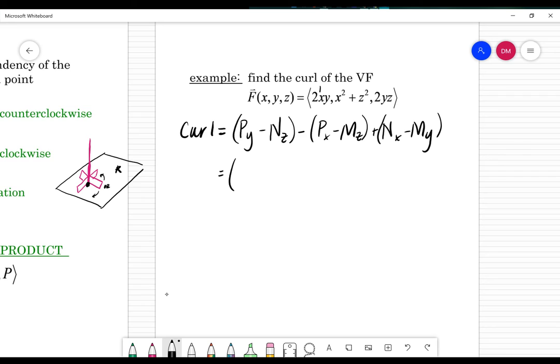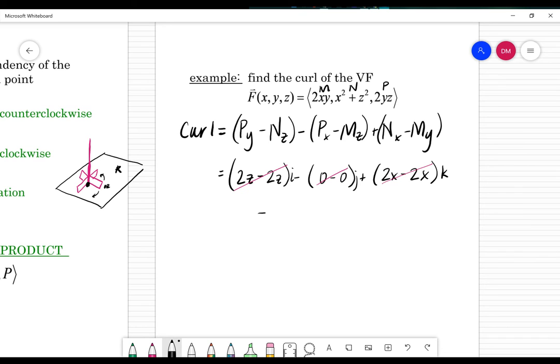All right, so keeping in mind, this is M, this is N, this is P. Okay. And we could go ahead and say this is my I component, this is my J component, this is my K component. But essentially what we get here is 0i, 0j, and 0k.